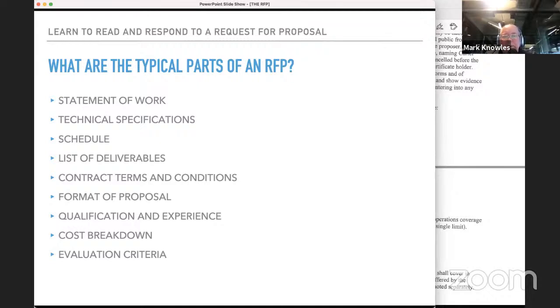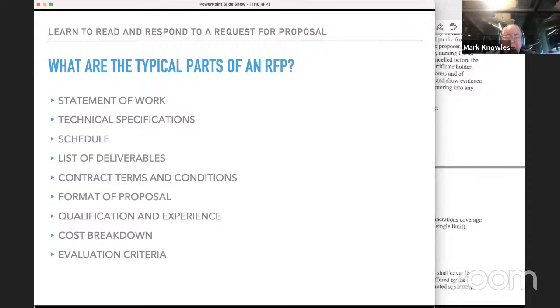And then you want to talk about cost breakdown and how they normally would be asking you to respond back. Sometimes they'll ask you to put the cost specifically for an RFP in a separate sealed envelope of some sort, because they first want to make sure that you're able to fulfill their goals, meet their objectives, and have the qualification experience that's required.